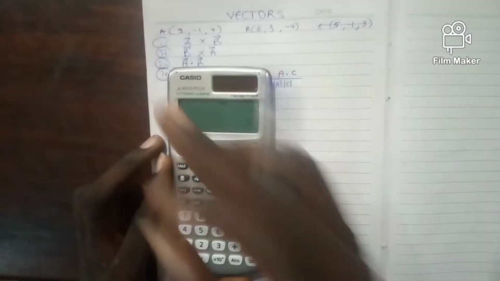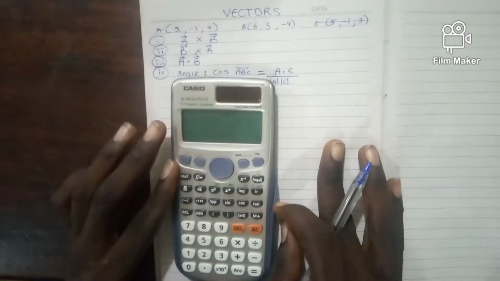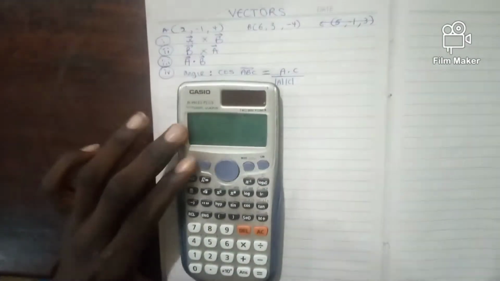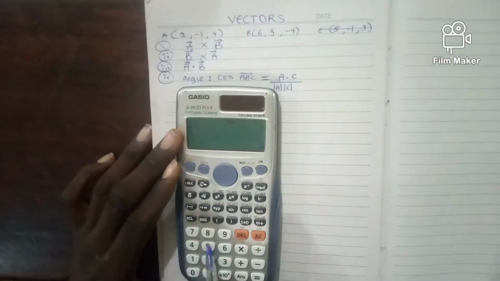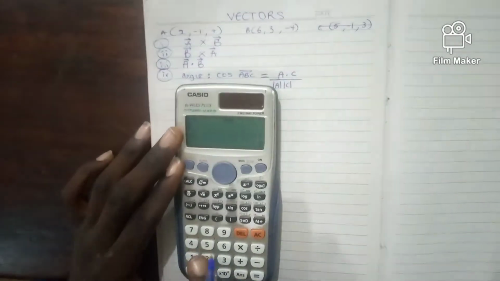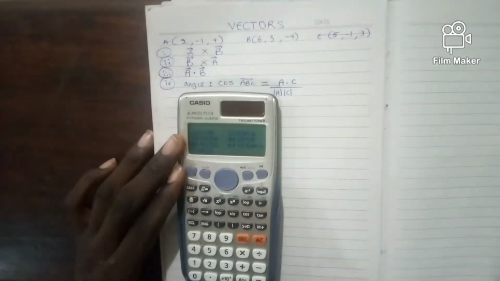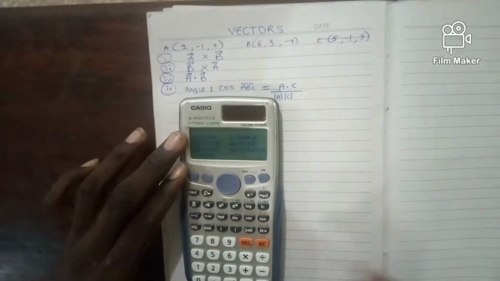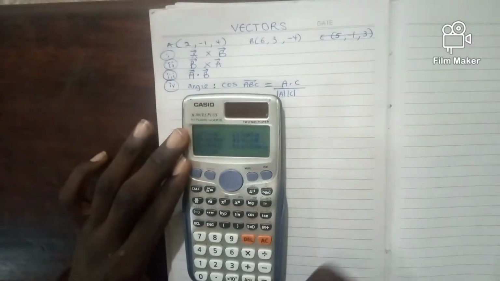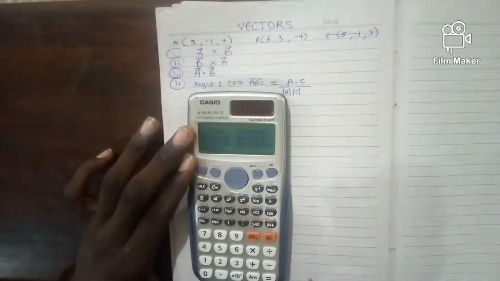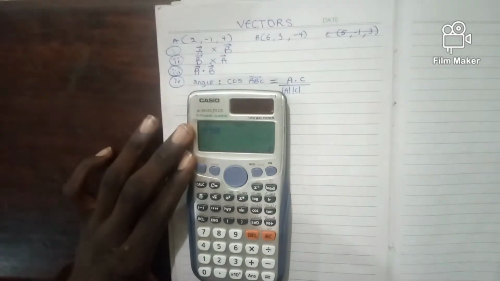To find the cross product of these two vectors, we would press shift, and we have a button here that shows vector, which is this 5 button. And now we would press our vector A, which we have stored, vector A 3.